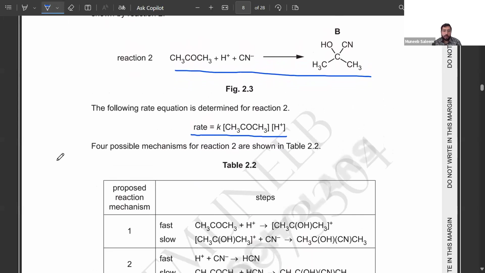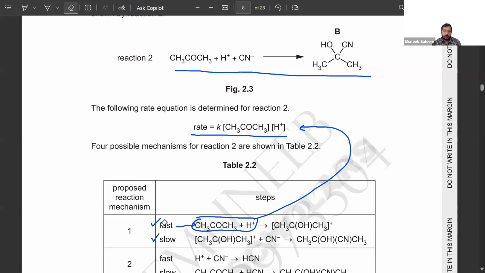Another rule is that if you have a fast step coming before the slower step, then the species which are present in the faster step can also be included in the rate equation. So the species on the reactant side can be included in the rate equation if the fast step comes before the slow step. So applying this rule, we have to decide whether the first mechanism is the right one or not.